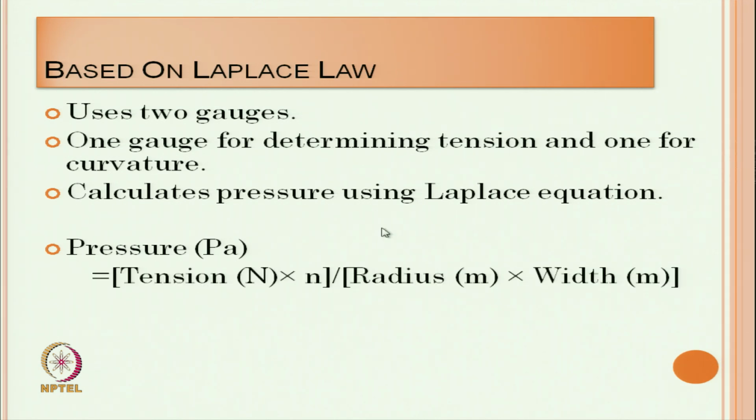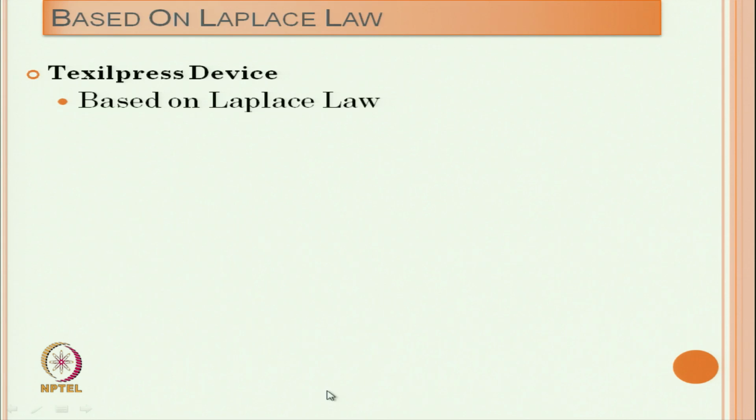So, this is the formula by which we can get the compression pressure. Tension T is obtained from one gauge, and the radius of curvature we get from the other gauge.